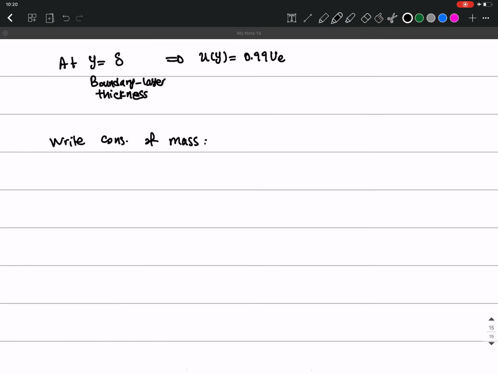Then here we'll have two parts: one part where the velocity is varying up to delta, and the other part that is constant.